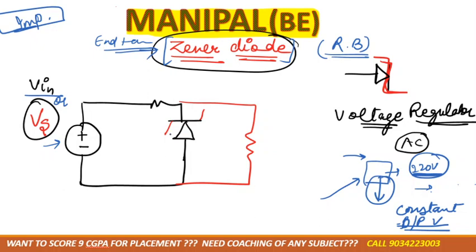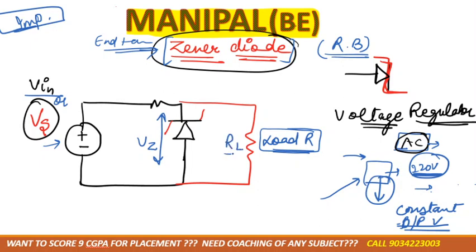This one is the zener, so the voltage across the zener would be Vz. This one is the load resistance. Like I told you with the example of the AC, the AC is the load. We want a constant output across the load resistance, which is denoted by RL.